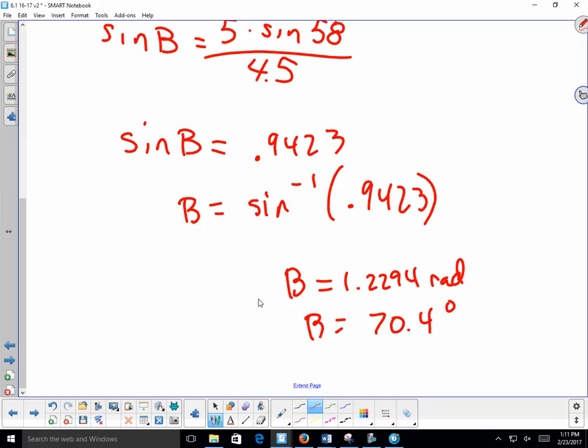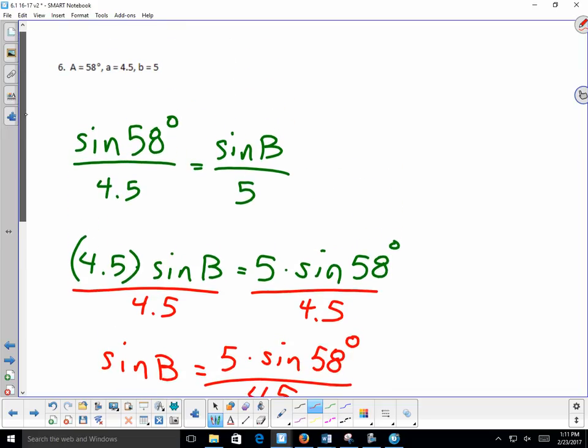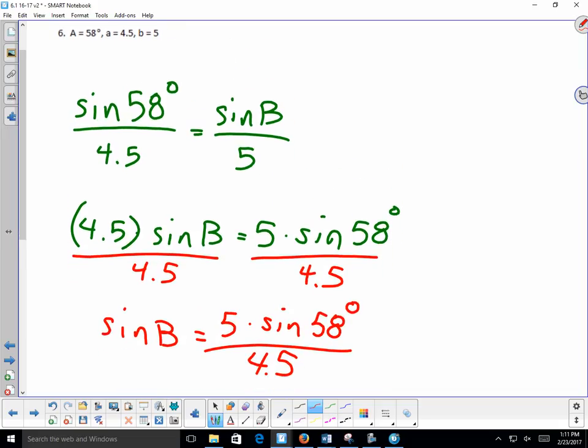Yeah. So what does this equal? This is our angle B. So let's recap what do we know about this triangle. We know that A equals 58 degrees, and I know that side A is 4.5.